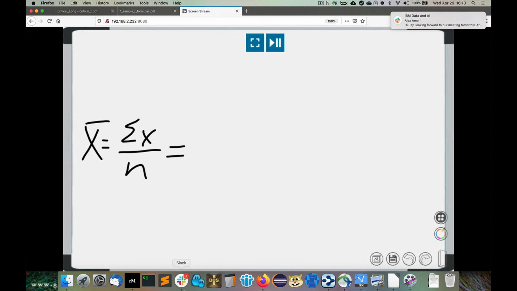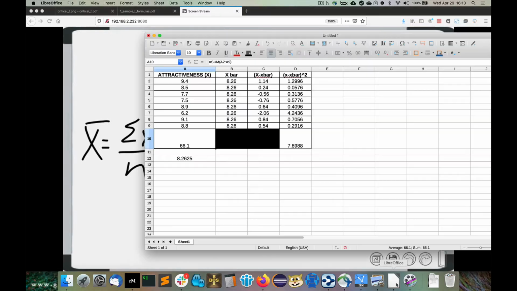And then you're going to write 66.1, which is sigma x, divided by 8. And when you crank that out on a calculator, you should get 8.26. Okay?